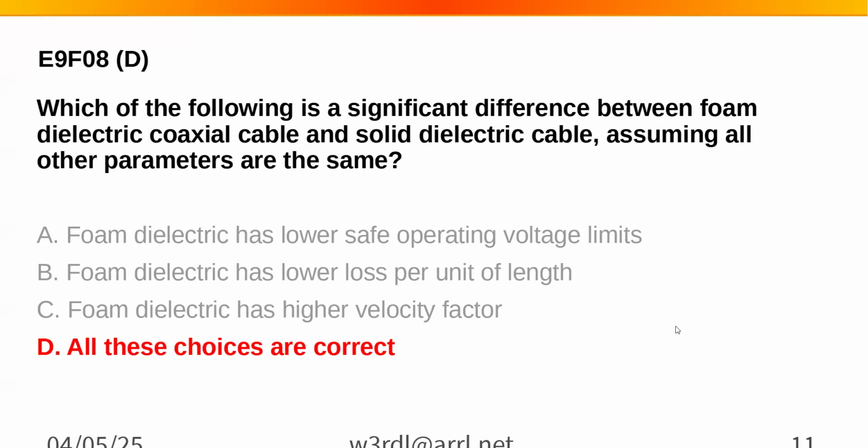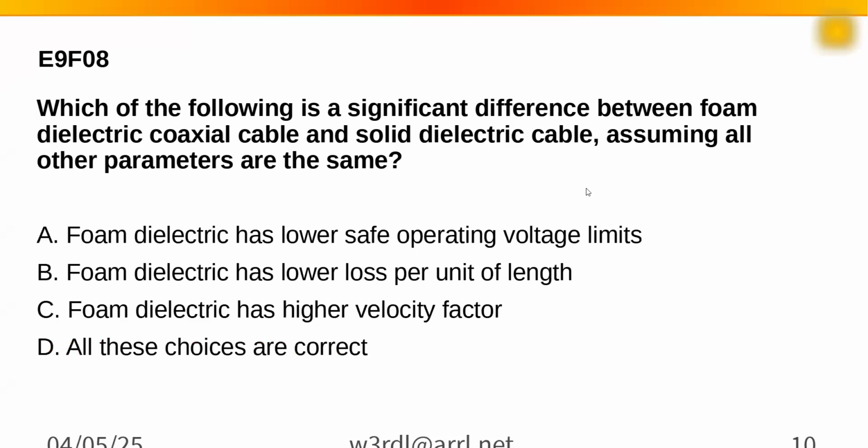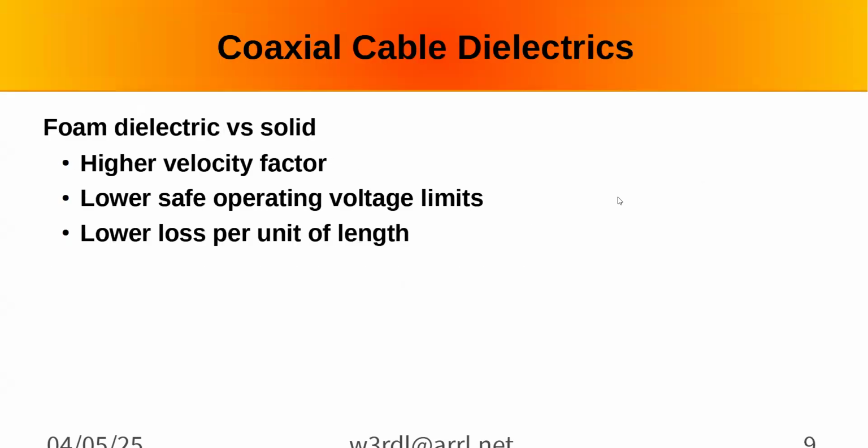Pretty amazing. What? Lower voltage, lower loss, higher velocity factor. I don't know, was that on the previous chart? Yeah. Same two. It's the second, all the above. Oh yeah, higher velocity factor. Thought it was there.